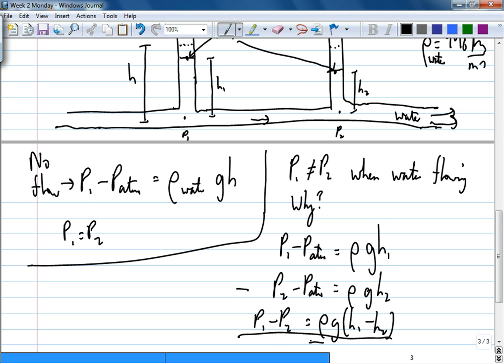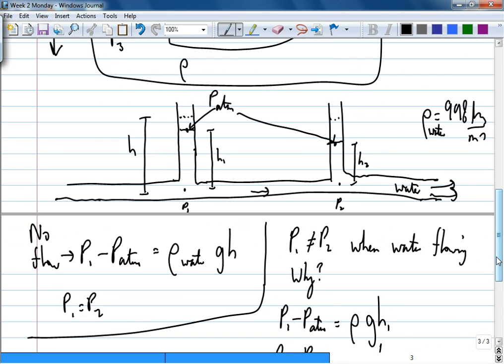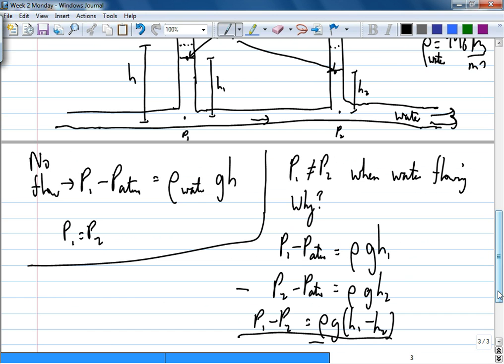based on the difference in height. Okay or not? Any questions? So here, here is 1, here is 2.